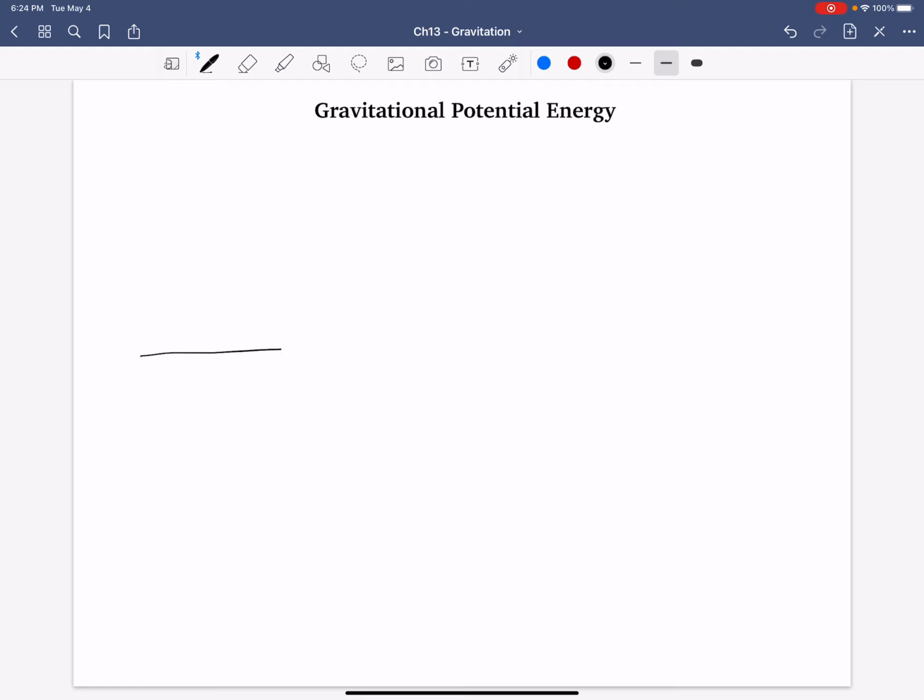So take, for example, the ground on the surface of Earth, and some object, it doesn't matter what it is, moved from some initial point, which we'll call the ground, which has an initial potential energy of U_i at a height h equals 0. And if it goes up some height h, it's going to have a final potential energy.